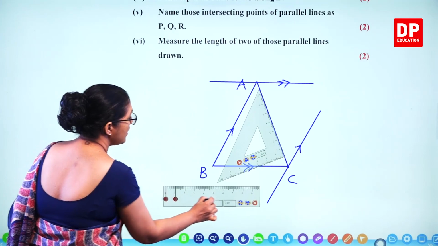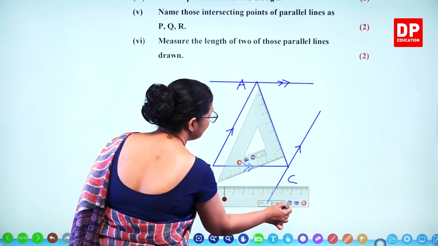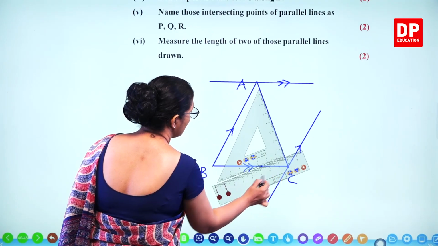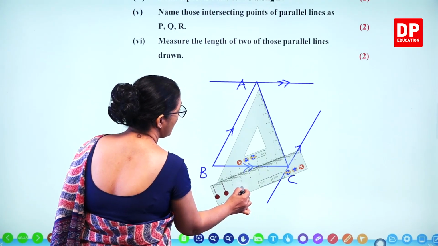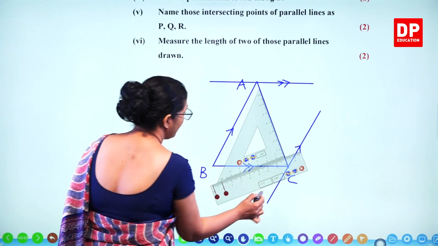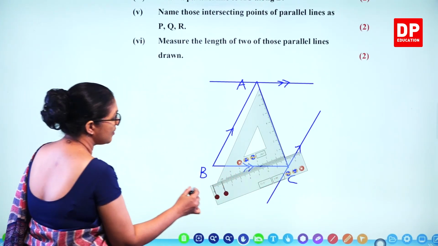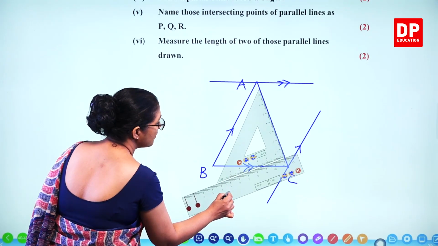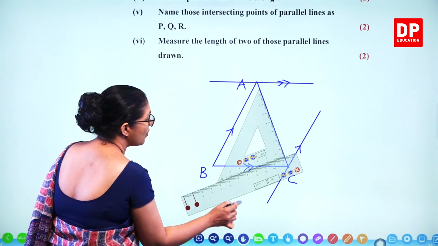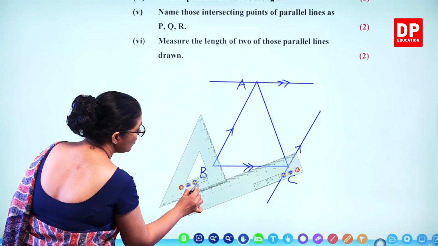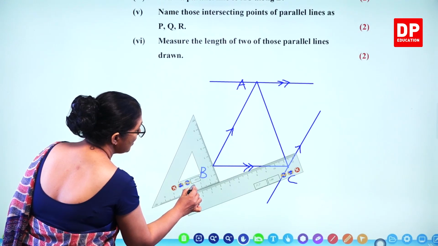And then you can keep the ruler along this set square, and now you can drag it. So we'll keep the ruler this way. Now you can drag the set square so that you get the B point.